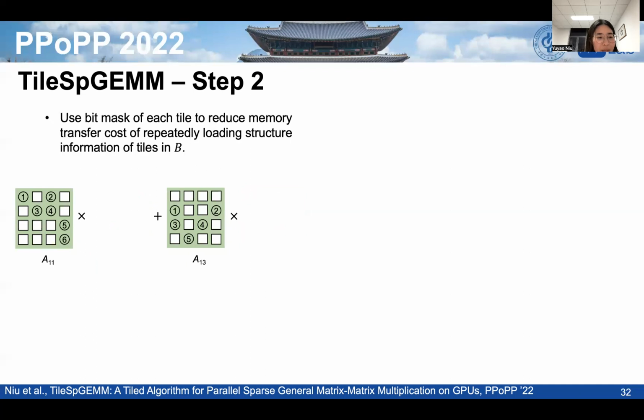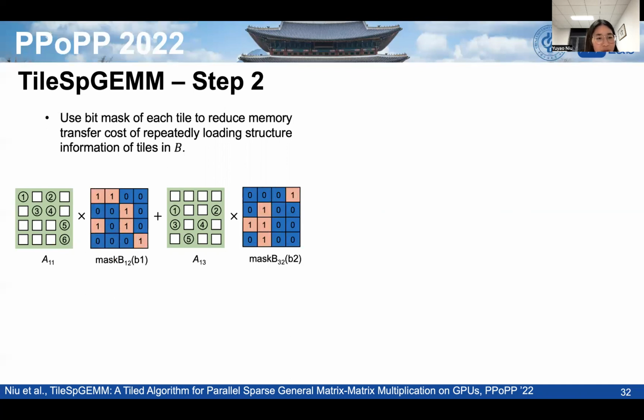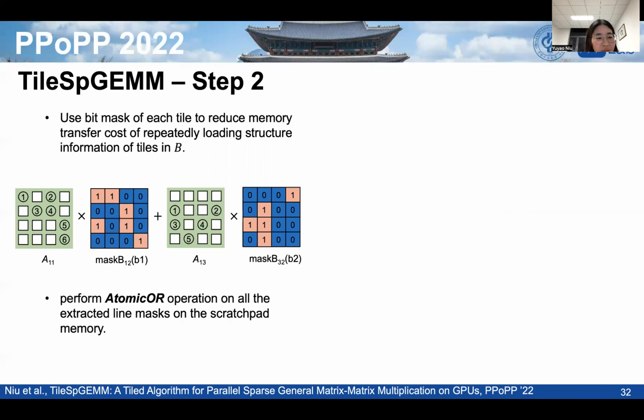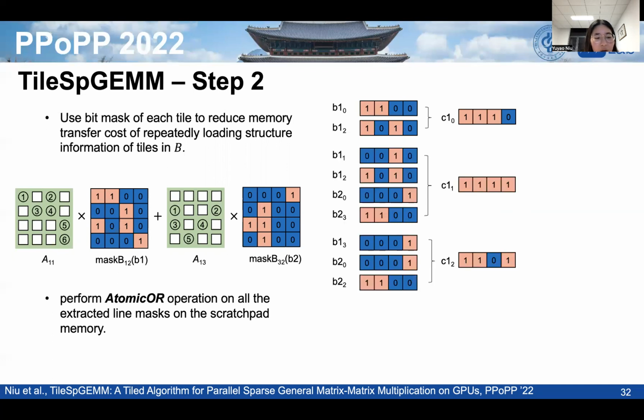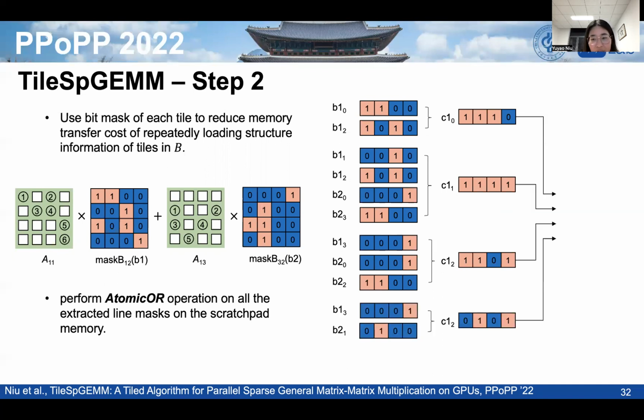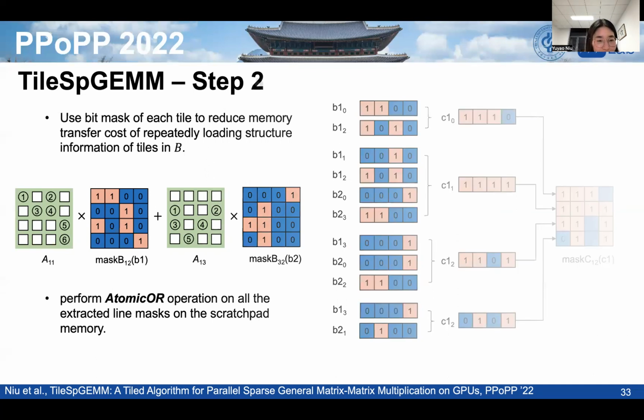However, in our paper, we use the bit mask rather than the original tiles of B to reduce the memory transfer cost of repeatedly loading structure information of tiles in B. And then we perform atomic OR operations on all the extracted line masks in the scratchpad memory. And finally, the mask of C12 is generated.